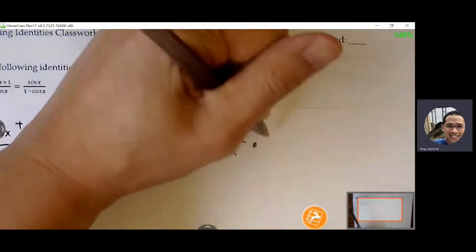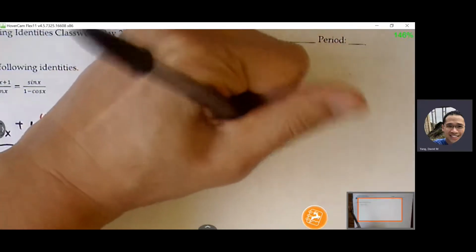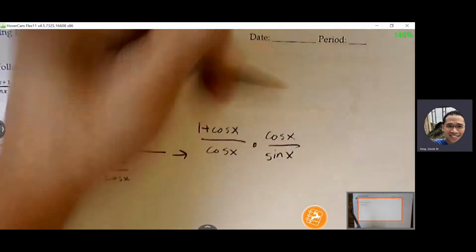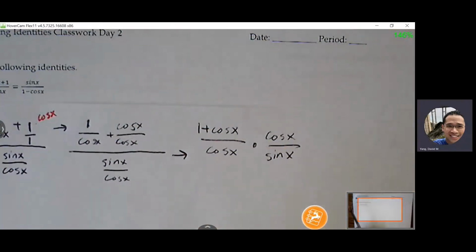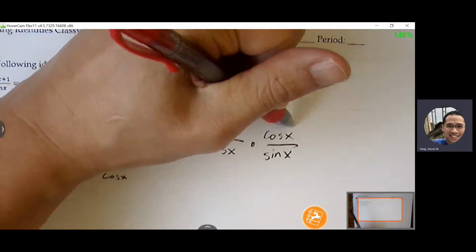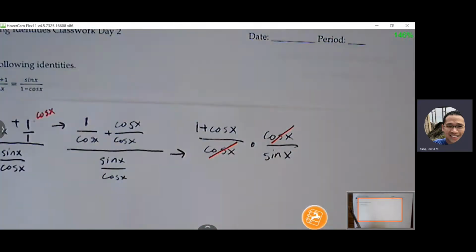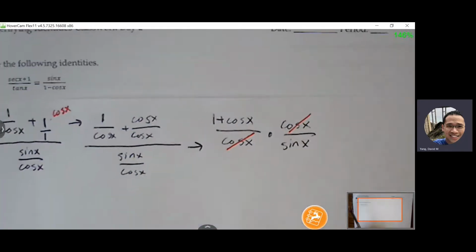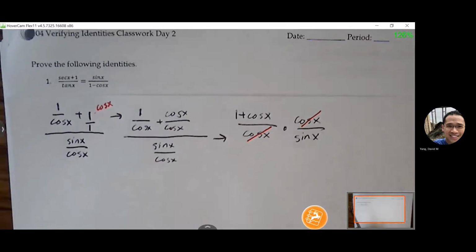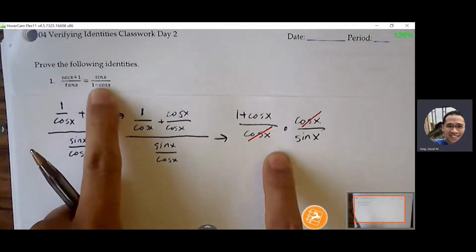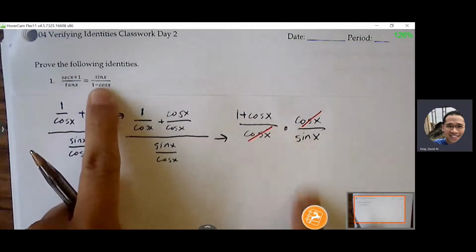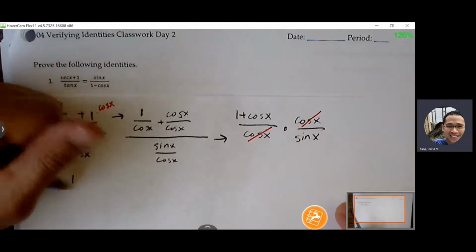Sine over cosine becomes cosine over sine. So we are making progress. At least we got the cosines to go away. We are in the same functions as the right side, 1 plus cosine over sine. So this is where we are.